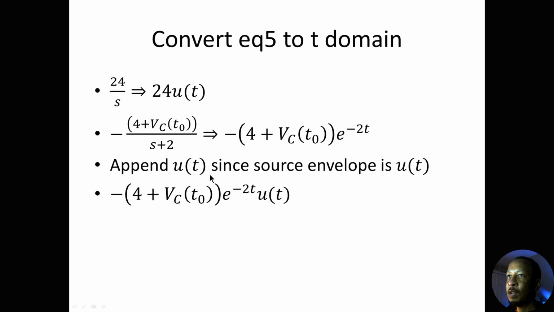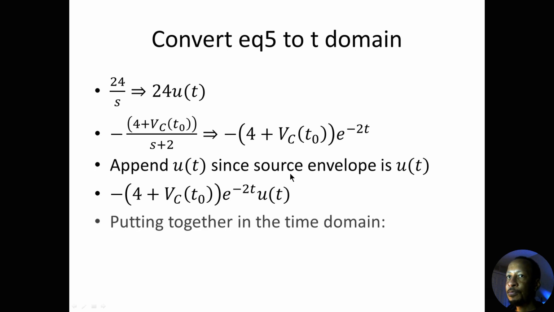Okay, so next, that becomes negative 4 plus Vc of t sub 0, all of that multiplied by e to the negative 2t, all of that now multiplied by U of t, because I'm appending U of t since the source envelope is U of t.